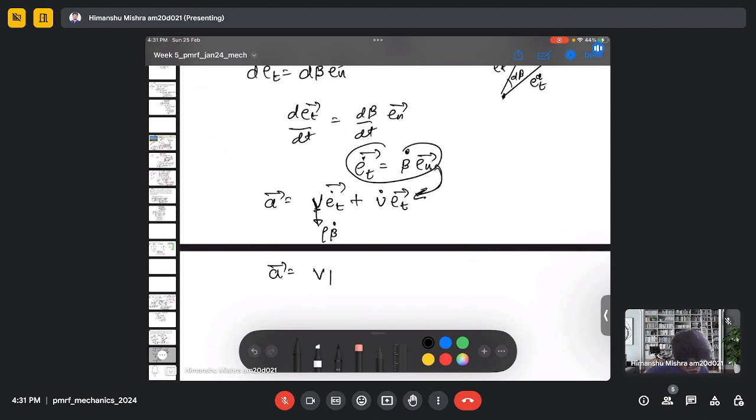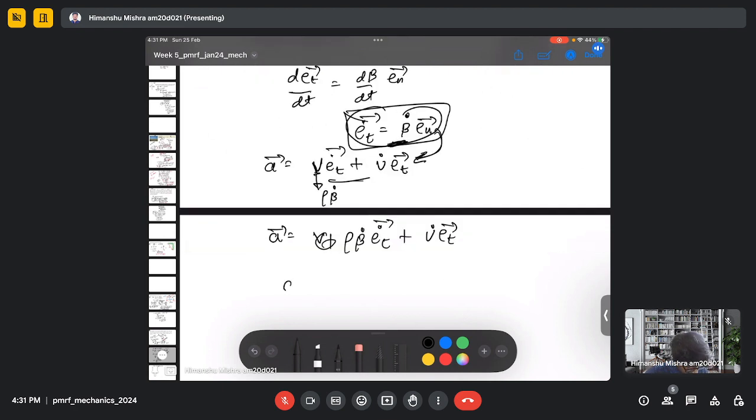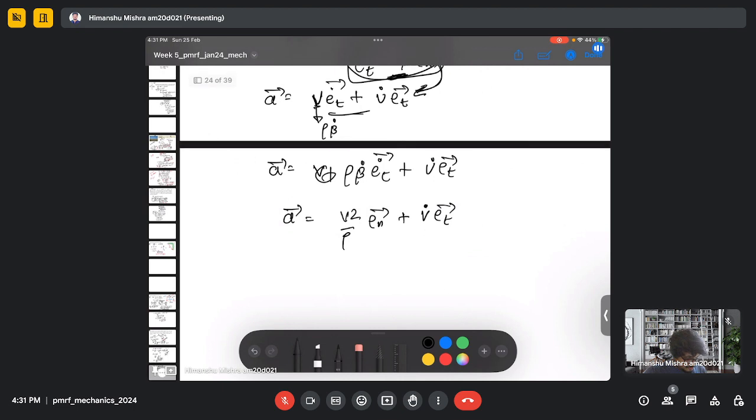So when we substitute this relation here, we will get acceleration as v square by rho En plus v dot Et. So this is my tangential component of acceleration and this is my normal component of acceleration.